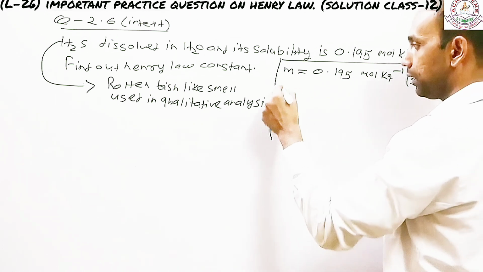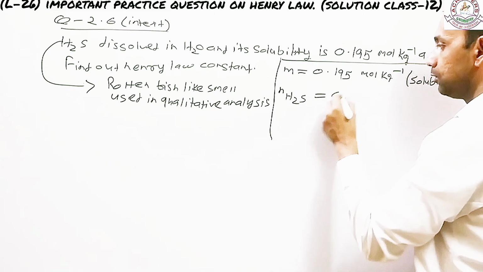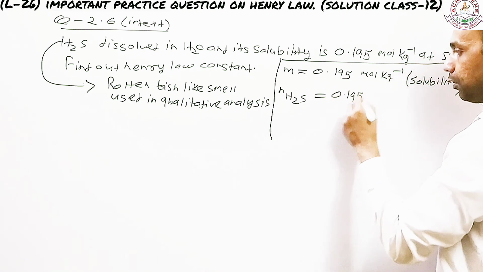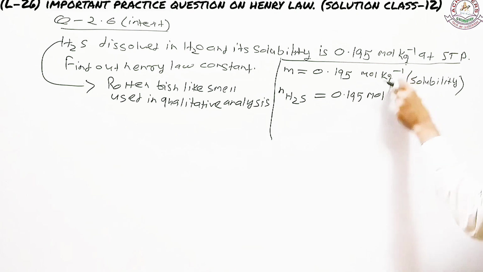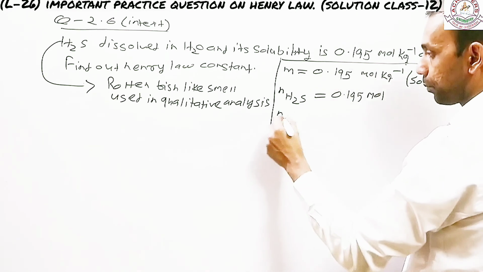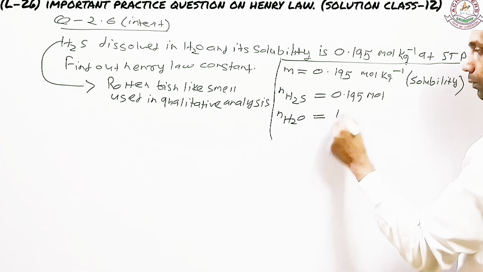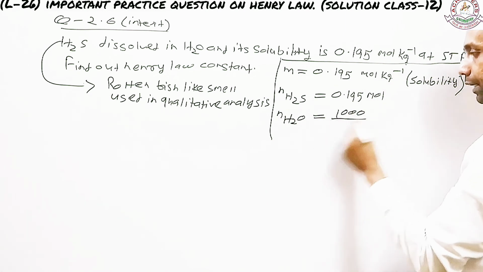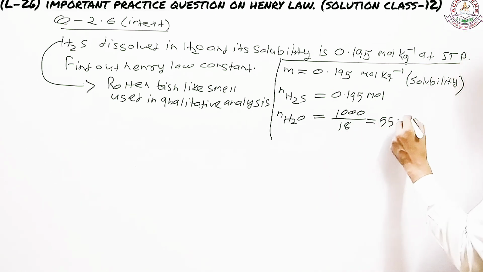Now, what does it mean? The number of moles of hydrogen sulfide is 0.195 mole, because this represents mole per kg. So this is the mole of H2S. And the moles of H2O is going to be 1000 divided by 18, which is 55.5 mole.